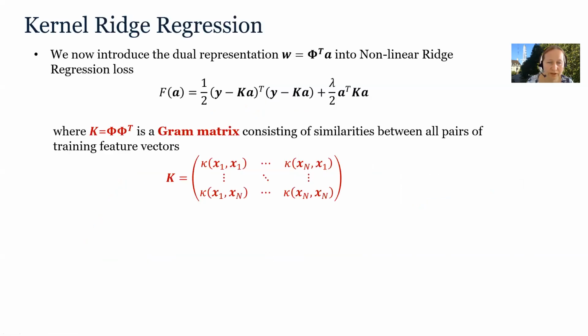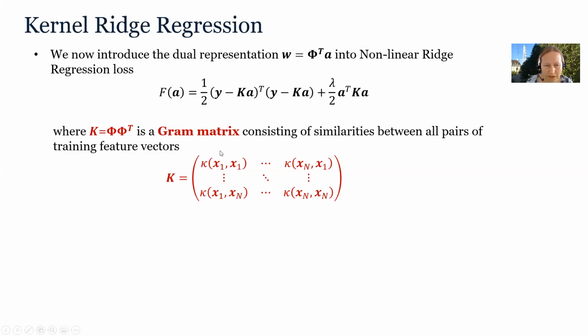So how do we find this dual representation? To do that, we will introduce it into the nonlinear ridge regression loss, and that will give us this type of formulation of the loss. What appeared here is a matrix K, which is called the Gram matrix. You see that it's related to the nonlinearly transformed feature matrix.